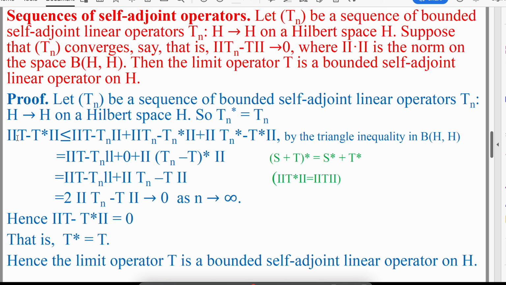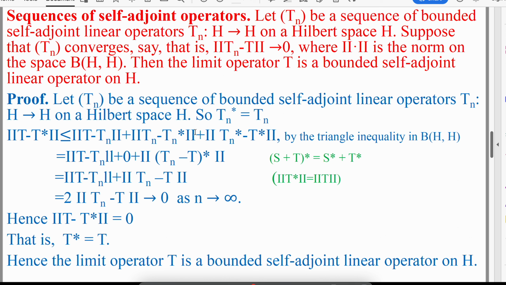Then by the triangle inequality, the norm of x plus y is less than or equal to norm x plus norm y. So the norm of T minus T star is less than or equal to the norm of T minus Tn plus the norm of Tn minus Tn star plus the norm of Tn star minus T star.